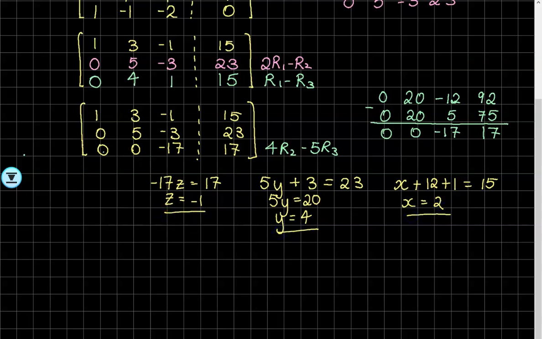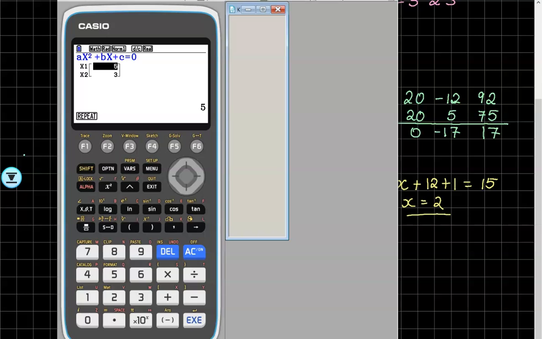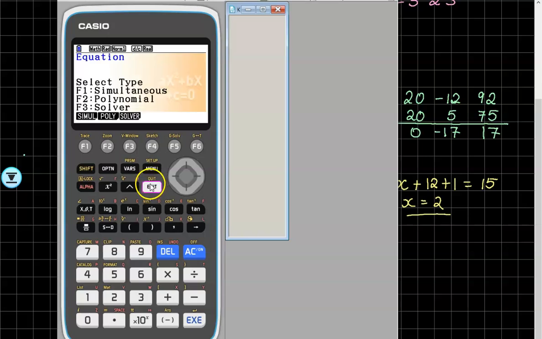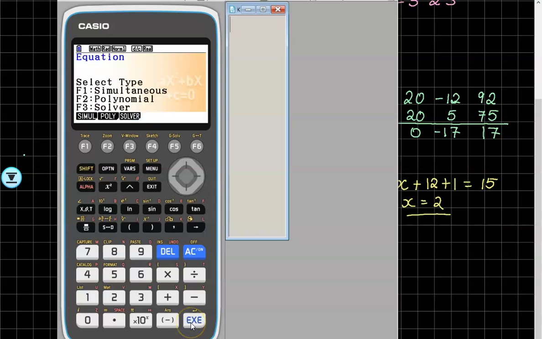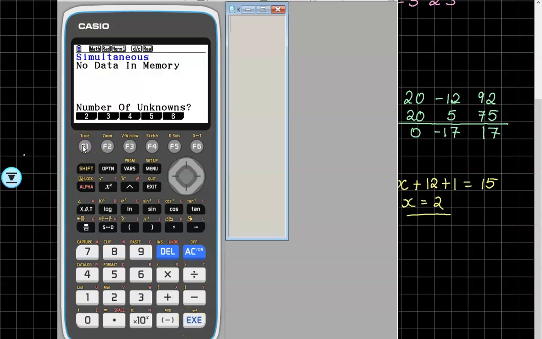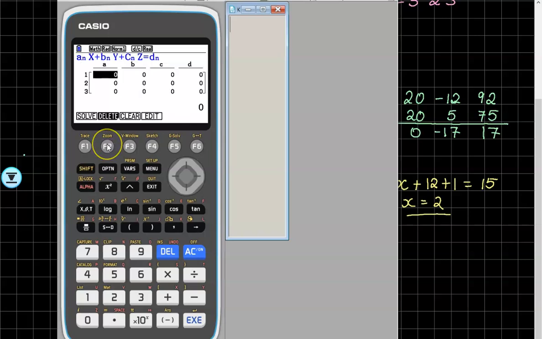So I'm about to go running from the room in fear of my life, because instead of doing all of that, why couldn't we just go to our calculators, into equation, simultaneous. Instead of 2 unknowns, how many unknowns have we got now? 3.